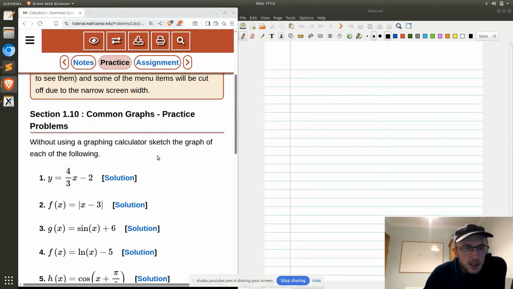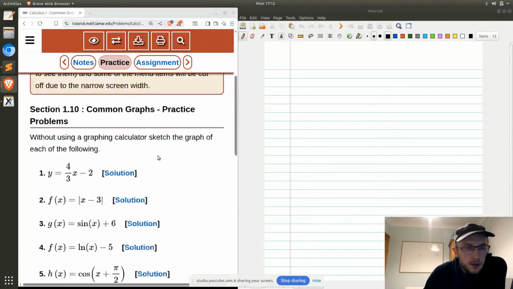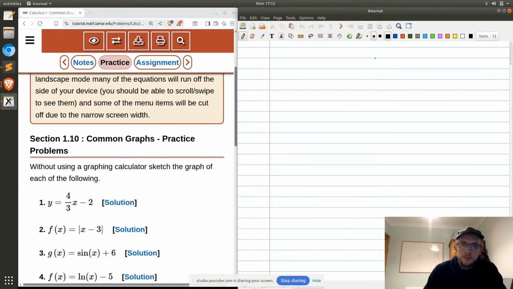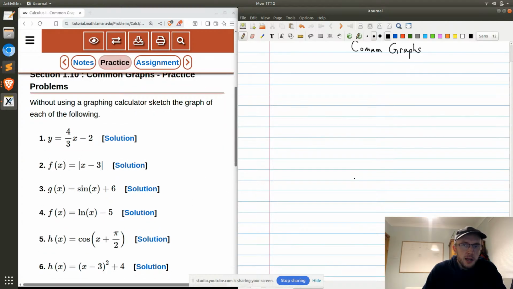Without using a graphing calculator, sketch the graph of each of the following. There are many to do, so it's good to begin. Now they ask for a sketch. So what I'm going to do is highlight the important features, explicitly name them when I can, and then give a rough sketch of how it looks.